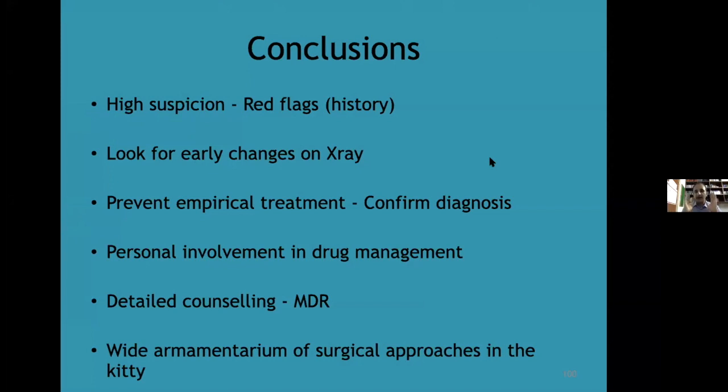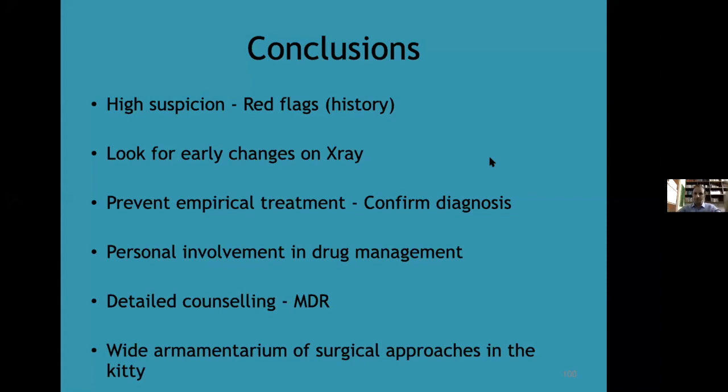Okay, good. You need to have a high suspicion of the disease, especially if you have a red flag in the history. Red flags would be nocturnal pain, dorsal pain which has been progressive, a gradual progressive disease, constitutional symptoms, or if the patient has some other stressful conditions in the past or present, or diabetes.